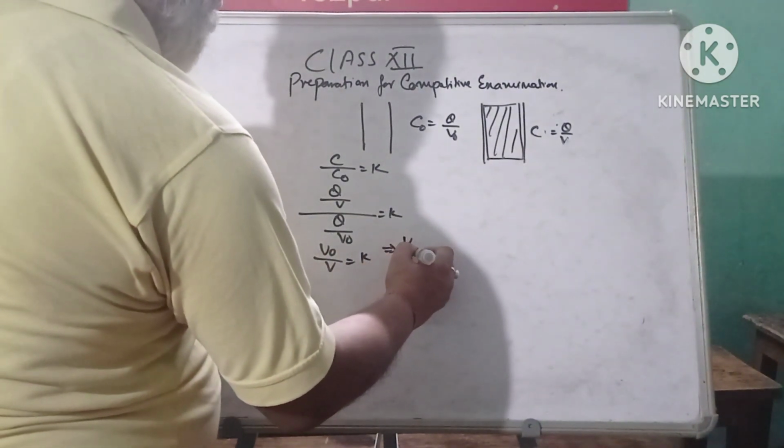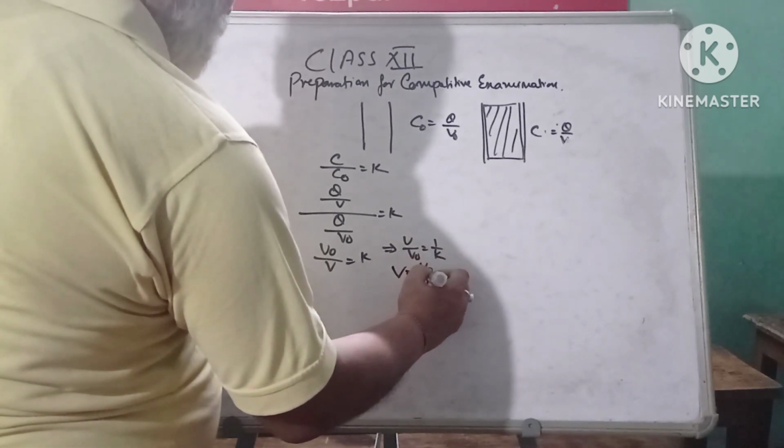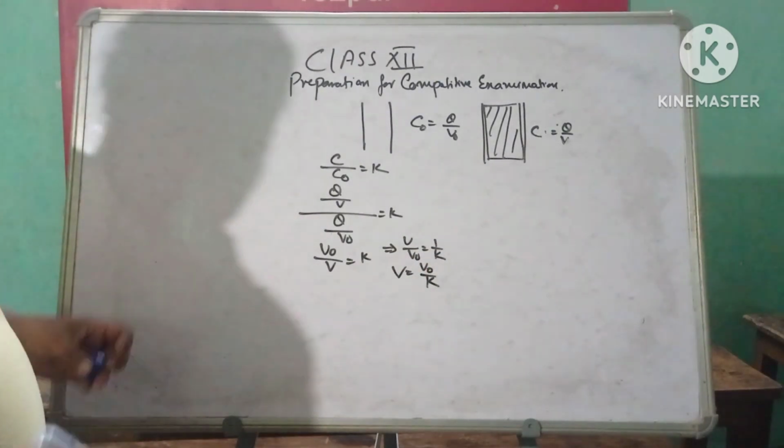V by V naught is equal to 1 by K. So V is equal to V naught by K. This is the result you are going to get.